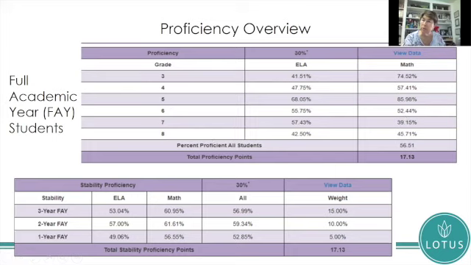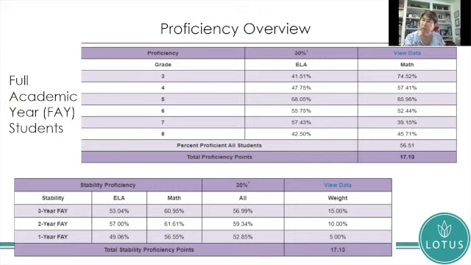Now, a couple of things, especially if you're not familiar with the accountability data. Our A through F formula only holds you accountable for the students who you had an opportunity to teach for a full academic year. That's what this FAY means, full academic year.